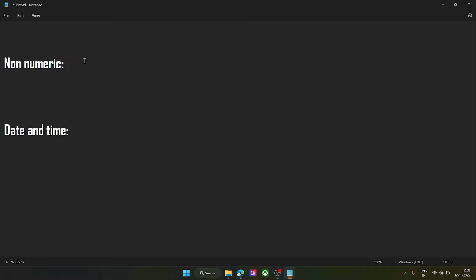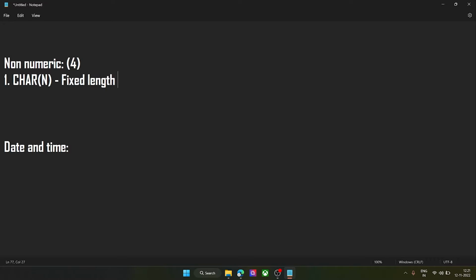Non-numeric actually has four types. One, it's char. Char of n, we denote it like this. What is char? It's for fixed length. For example, currency.